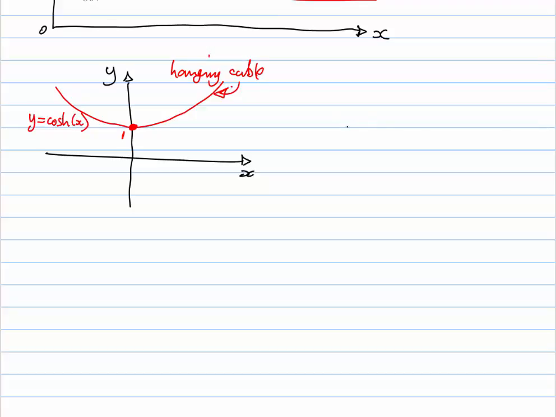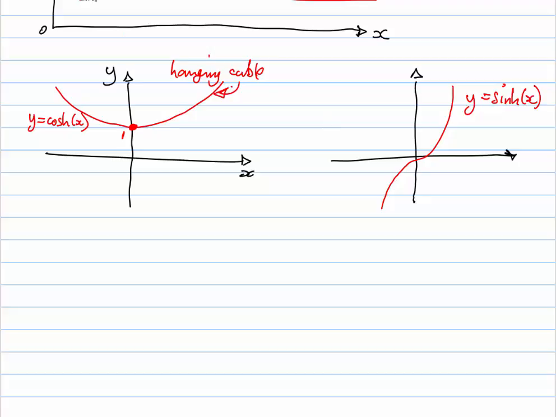What if we were to plot a graph of y equals the sinh of x? Okay, so the hyperbolic cosine, I should say, it's a bit of a tongue twister. And well, what we find with this thing is that we have this sort of shape like this. Okay, and that's going to be y equals the sinh, as we term it, the sinh of x.